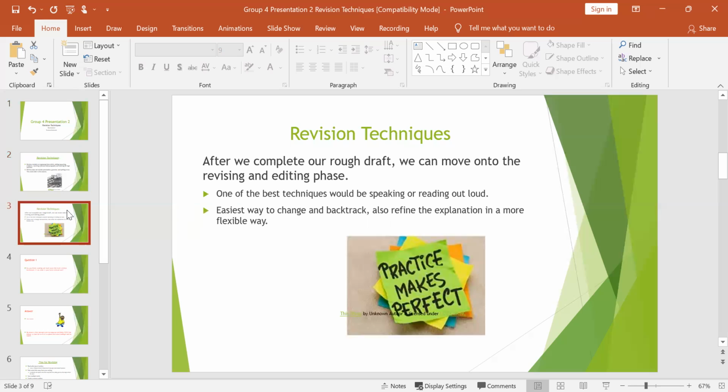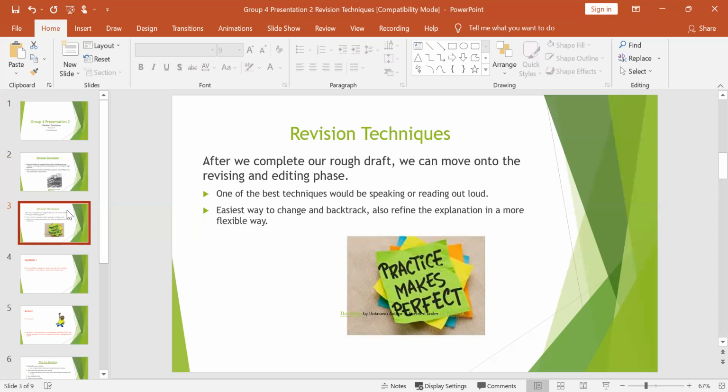Like I mentioned before, after we complete our rough draft, we move on to the revising and editing phase. What I've learned in this module is one of the best techniques is reading your essay out loud. It helps you gather your thoughts. You get to hear it and see how it flows.